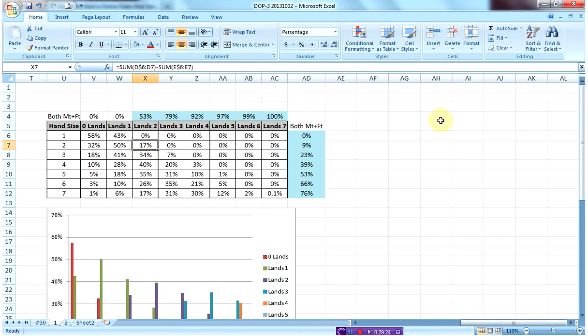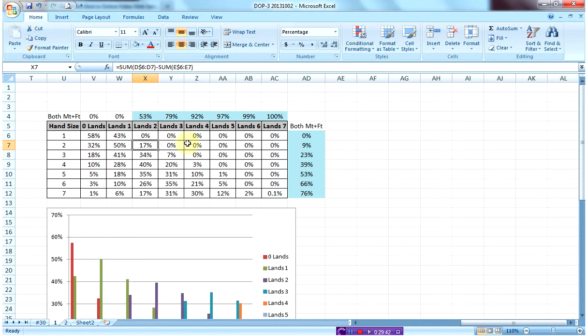And there was a 17% chance that the top 2 cards off my library were both lands. Right? And that's requirement 1. If I'm going to get the top 2 cards off my library to be a forest and a mountain, they both need to be lands.